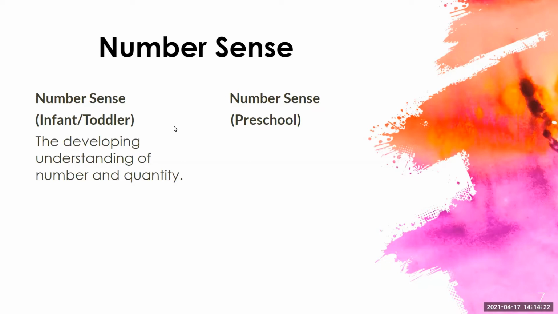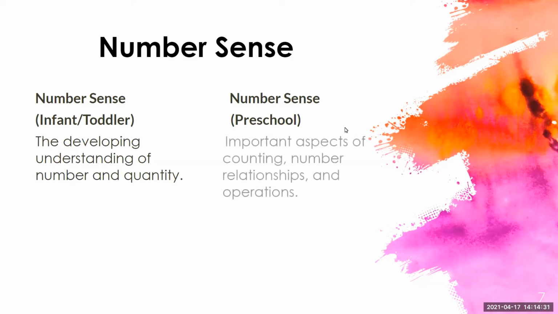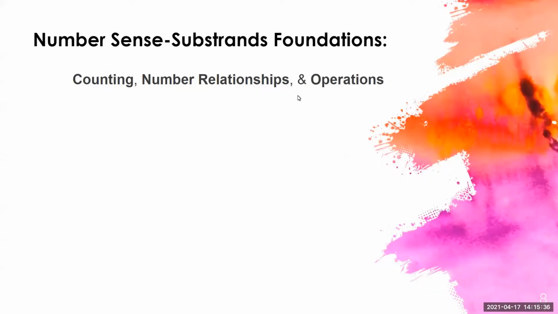As children grow and become preschoolers, children 36 months through 60 months, they start to understand the important aspects of counting, number relationships, and operations. Number sense is divided into several substrands, so including counting, number relationships, and operations.